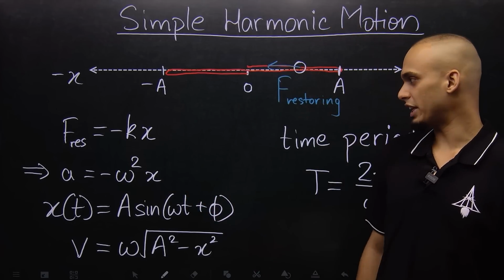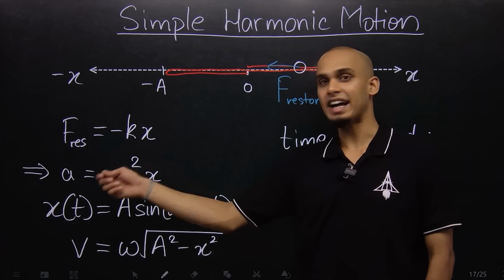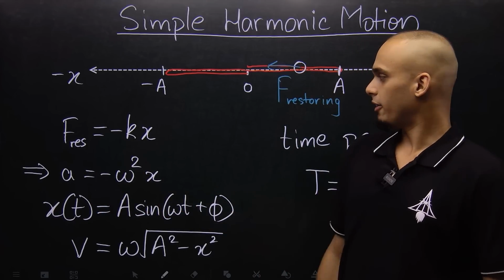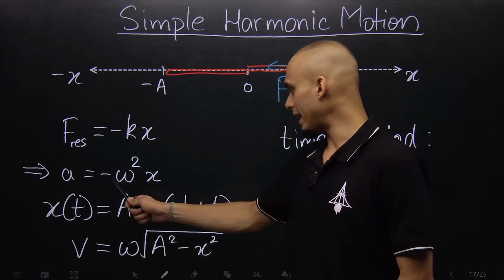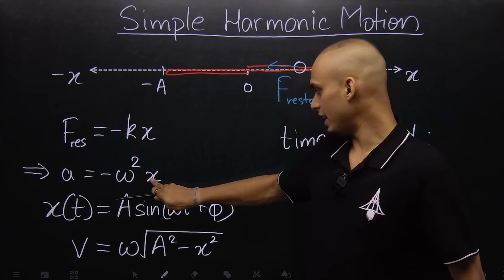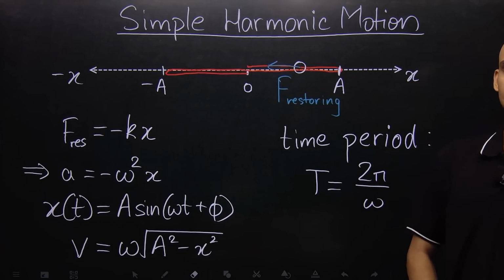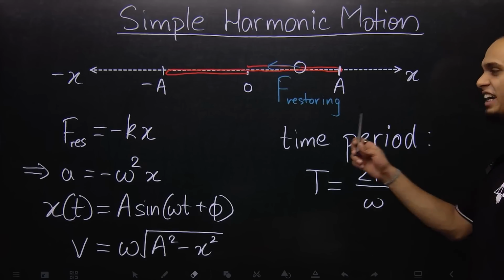In this case, you can equate F equal to ma and get the acceleration equation. Remember, when you write down the acceleration of the object, whatever is sandwiched between the minus sign and the variable x becomes your angular frequency omega, and you can also calculate the time period, which is required in 90% of questions.